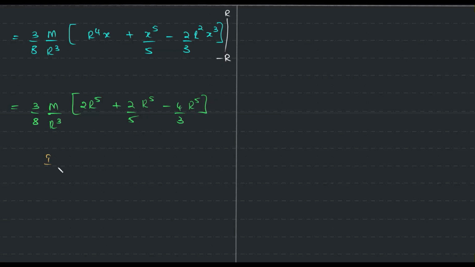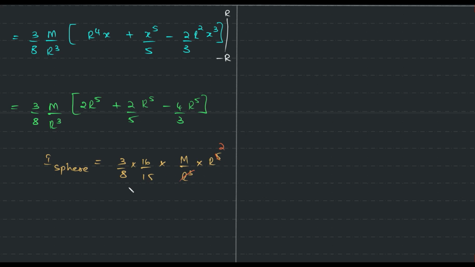Okay, finally we have a bit of calculation over here. So let me add them up: 2 plus 2 by 5 minus 4 by 3, which is 16 by 15, my bad. 3 by 8 times 16 by 15, into m by r cube into r to the power of 5.